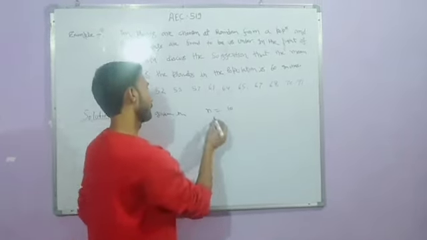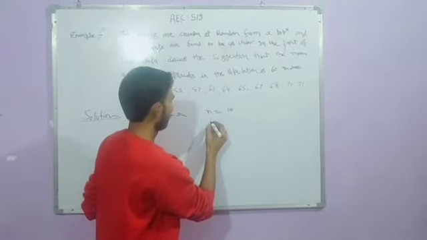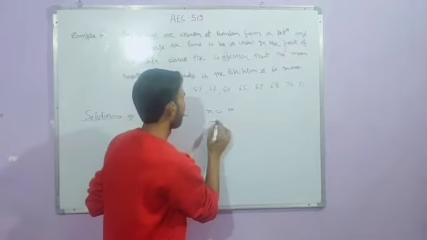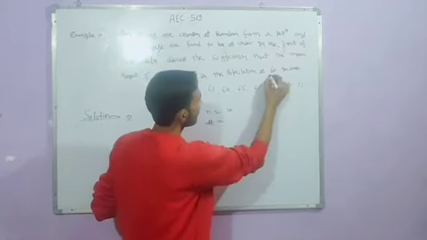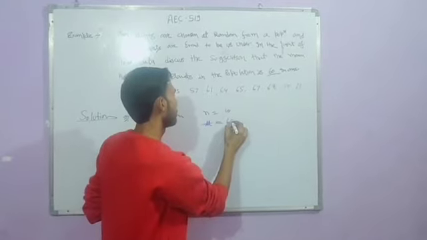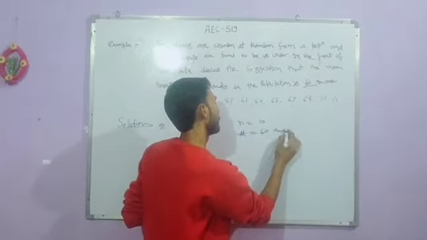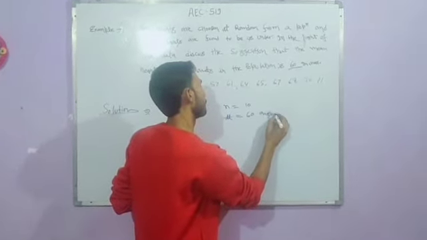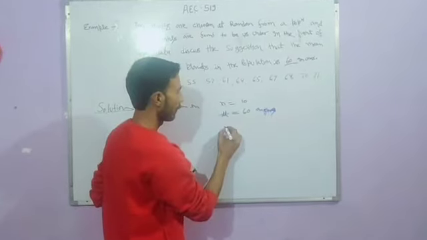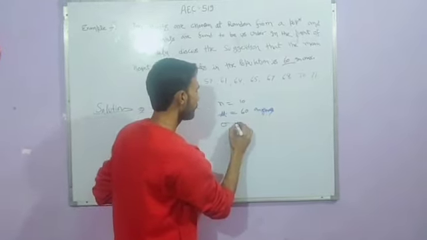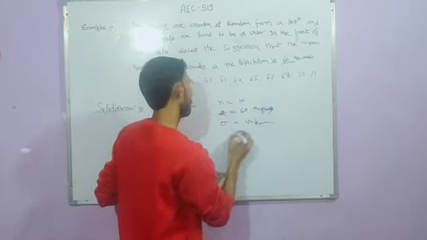The sample size n is 10 and the population mean mu equals 60 inches. The population standard deviation is unknown.